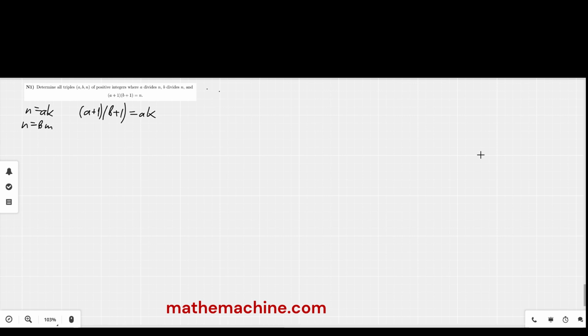What do we have? We have the product on the left hand side and the product on the right hand side of the equation. The right hand side is divisible by A, so the left hand side should also be divisible by A. But what do we see? It has a factor of A plus 1.